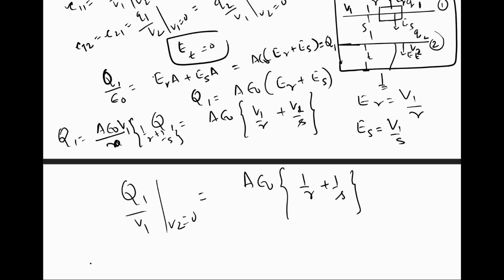Now we need to find C12. So C12 similarly will be the charge Q2 over V1 when V2 is equal to 0, or Q1 over V2 when V1 is equal to 0.